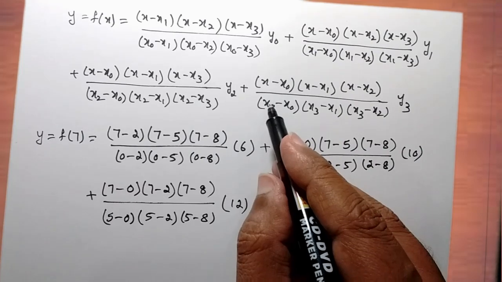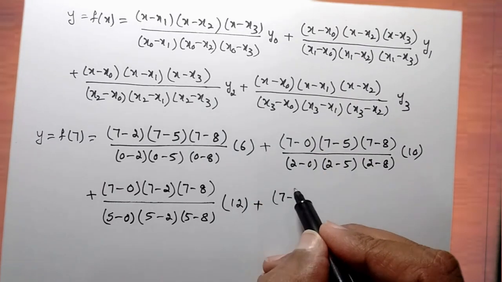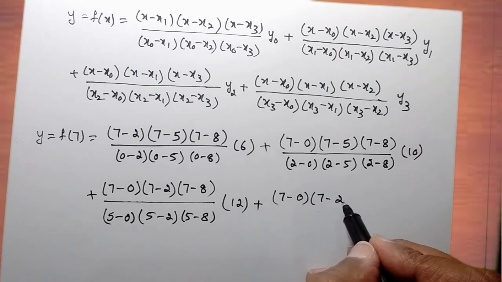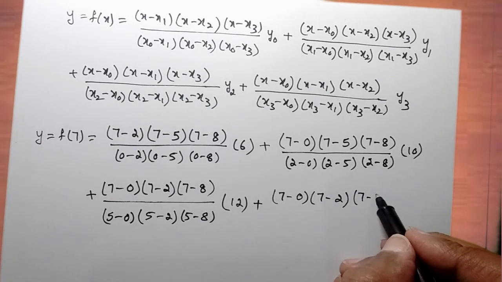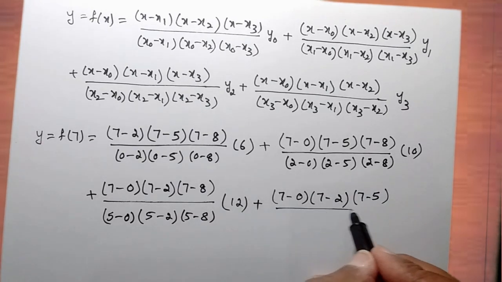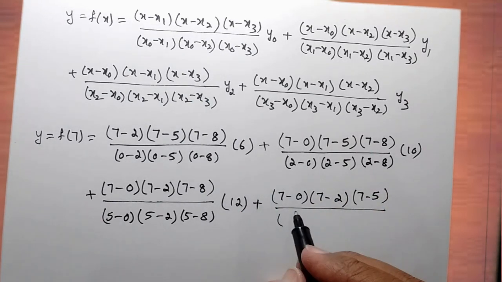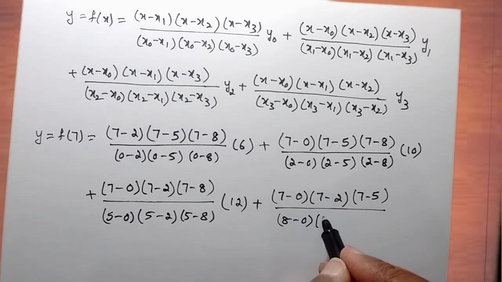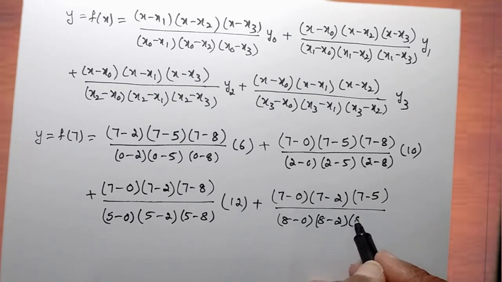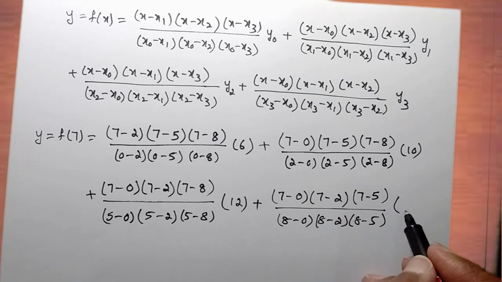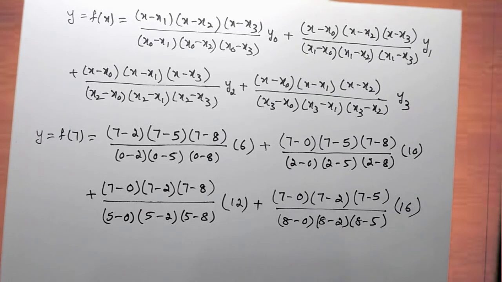Then again x minus x0, so 7 minus 0, 7 minus x1, 7 minus x2, whole divided by the x3 value, so x3 corresponds to 8, so 8 minus 0, 8 minus 2, into 8 minus 5. Corresponding value of y3 will be 16.